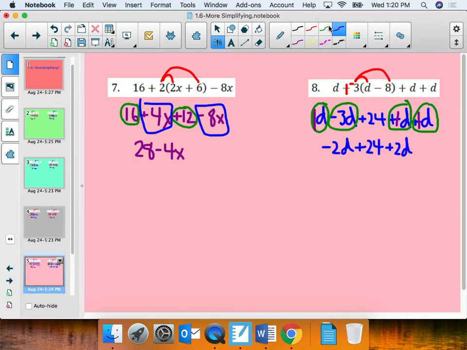So I still have some terms that would be considered like terms. So now this piece in my simplified expression is going to combine with this piece down here. Negative 2D plus 2D is going to give me 0D. So I have 0D plus 24.